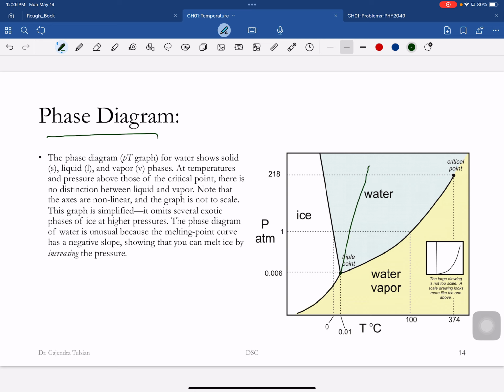It's like that. And by the way, this diagram is not to scale. They draw it like that to illustrate various points. So for most substances, the line is like this. For water, the slope is negative.